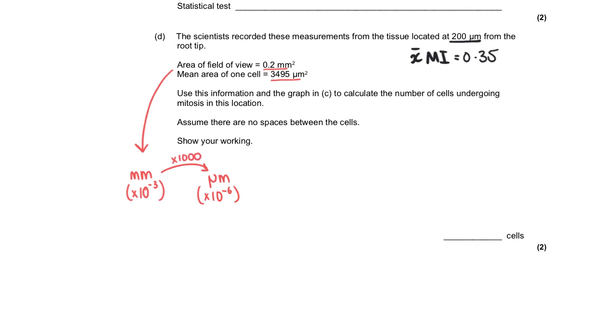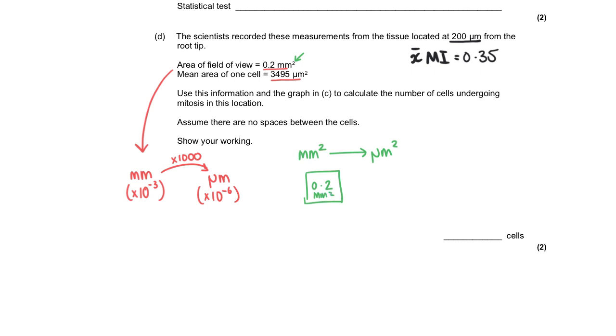But the important thing, and where lots of you went wrong initially, is to realise that this unit is millimeters squared, or micrometers squared. So I can't just go from millimeters to micrometers. Instead, I'm looking at going from millimeters squared to micrometers squared, which means that for the context of my area, let's say this is 0.2 millimeters squared.